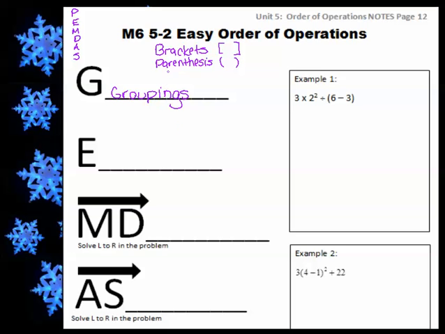And we're going to talk about fraction bars as groupings. Okay, so those are our different categories of groupings that we're going to run into in 6th grade. Now the E stands for exponents, those little numbers up in the corner that you need to solve.